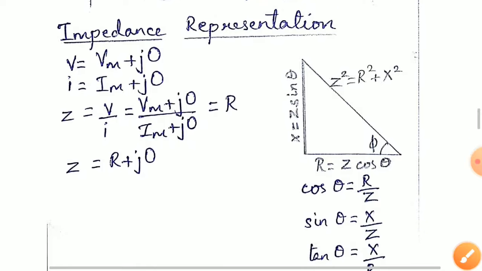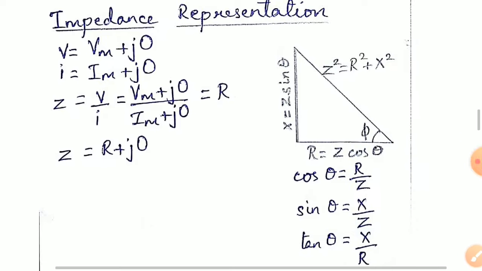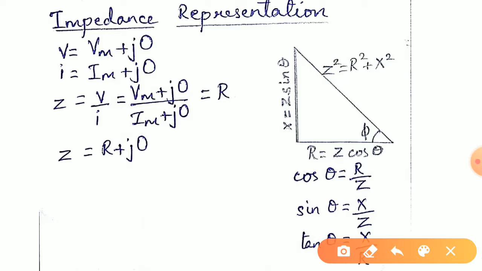Impedance representation can be obtained from the impedance triangle, where an angle of phi is available in the triangle. The base is R is equal to Z cos theta and height is X is equal to Z sin theta.